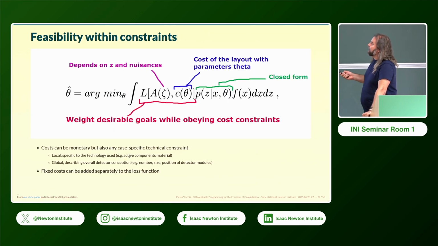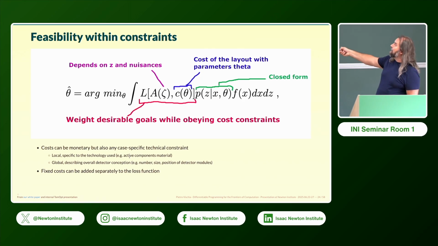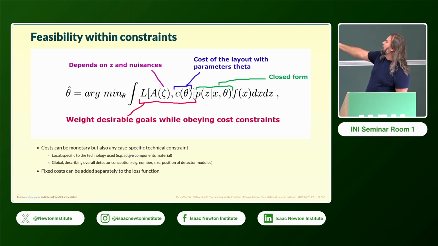The idea is to find the set of parameters that minimizes a loss function that has a component that tells us how well we are solving the problem, so how good the design is from a physics point of view, and how much this layout costs. So we have to parameterize the layout, and then we have the readout and the actual physics.